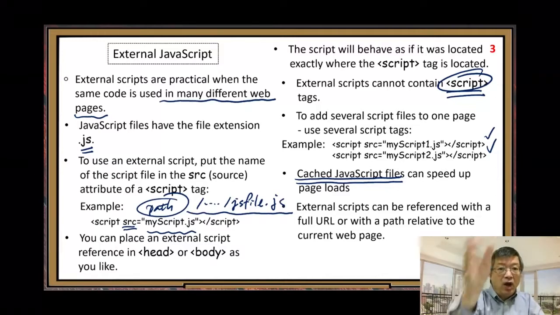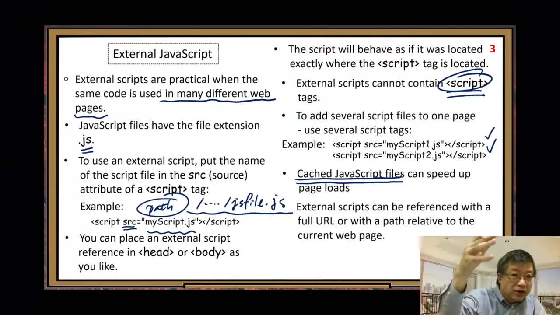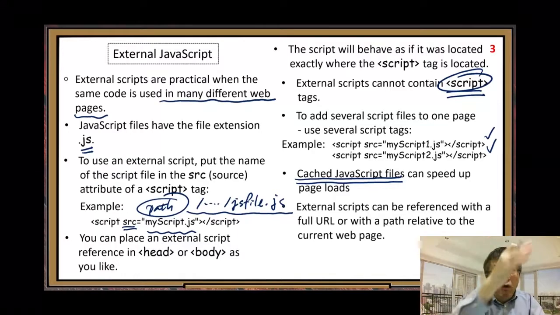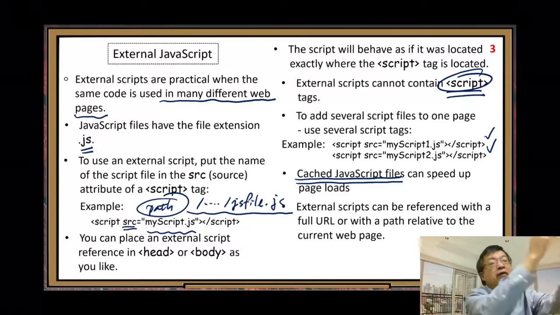Another one: external scripts can be referenced with a full URL. This time, suppose you have an external JavaScript file, but that file is not on your own server, the same server as the HTML document.